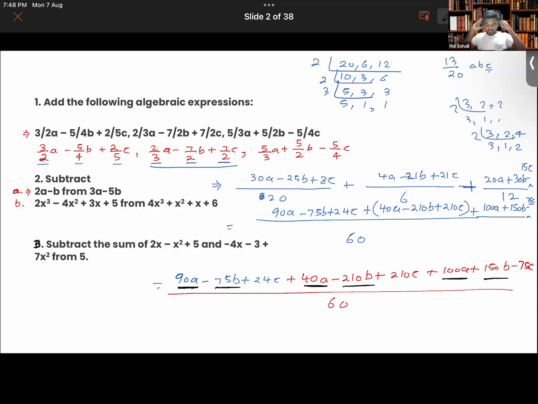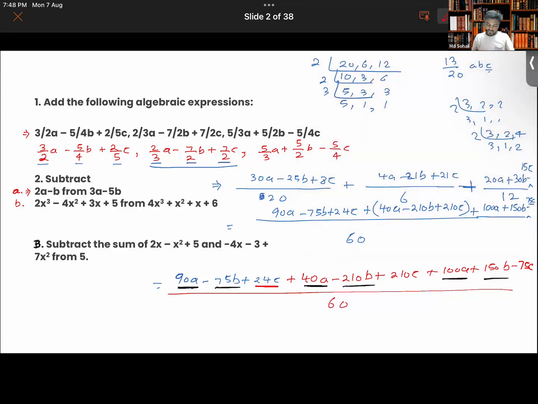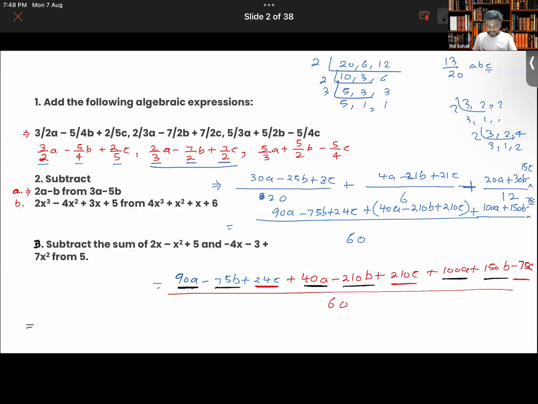Then 24c and 210c, and minus 75c. Okay, let's quickly segregate them.